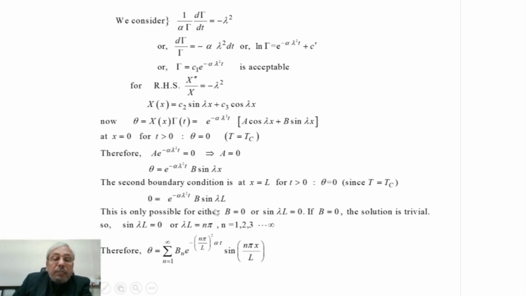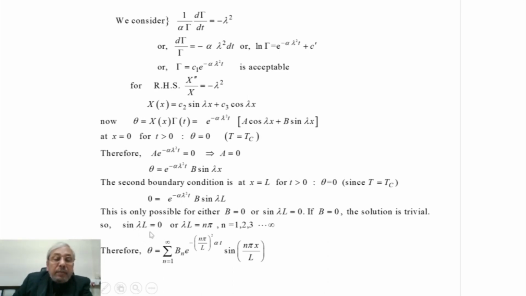This is only possible in two cases: either b equal to 0 or sin lambda L equal to 0. If b equal to 0, the solution becomes trivial, so we will not go through that route. We will take sin lambda L equal to 0.